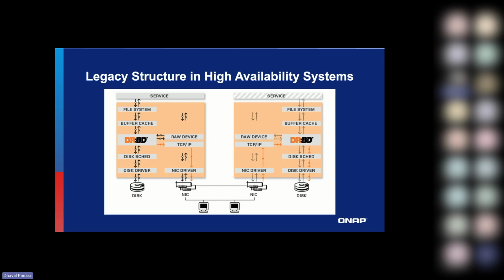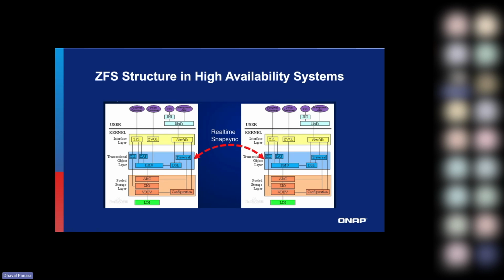Because it does not know about your file system, it does not know if there are any metadata changes or anything like that. So when it replicates the data, the metadata may be different on the replicated data.